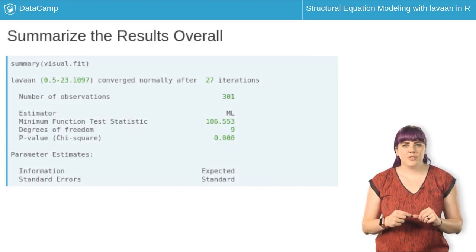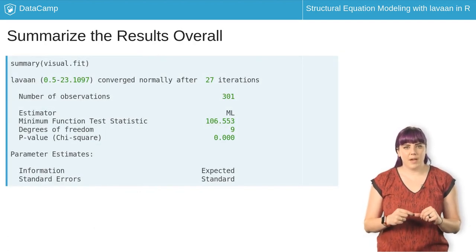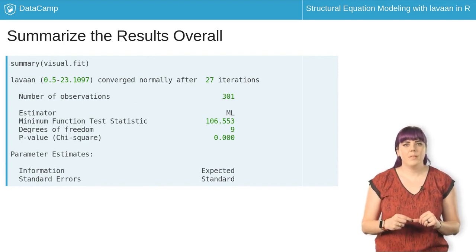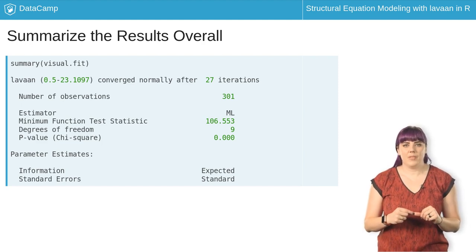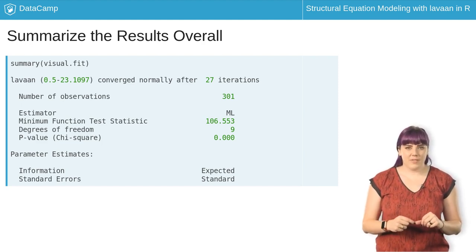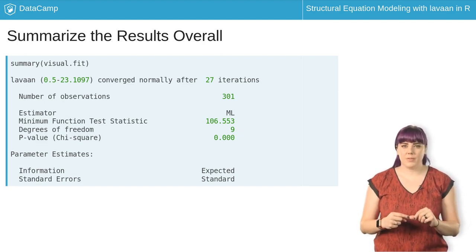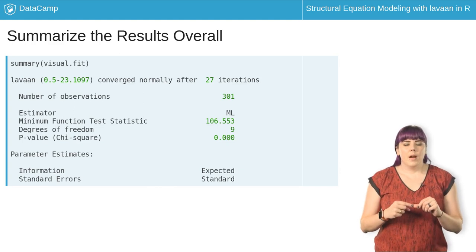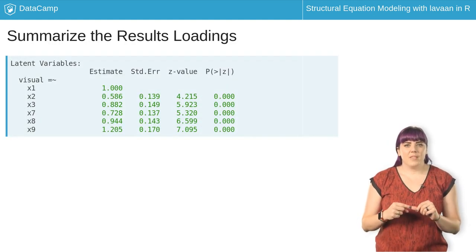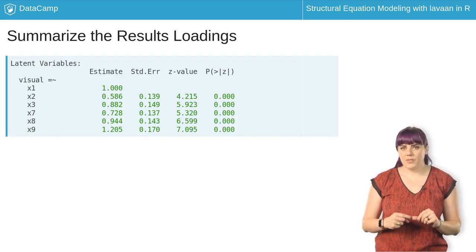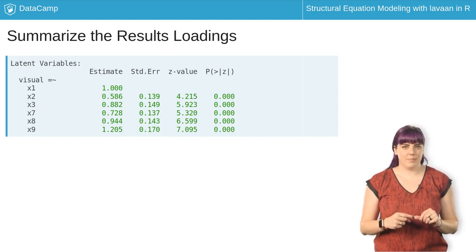The summary function shows you a summary of the fitted model, similar to using summary on regression models. At the beginning of the output, you see basic information about the model. We want to make sure our model is identified, so the degrees of freedom should be greater than 0. Underneath latent variables, we find the coefficients or loadings for each of the manifest variables listed in the estimate column.